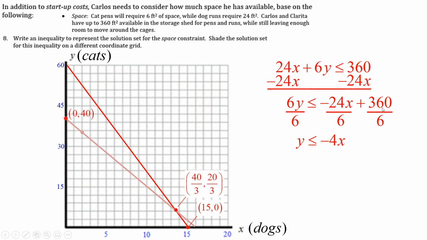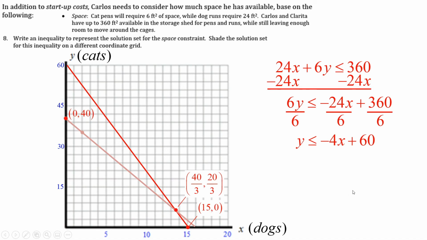And now, what is 360 divided by 6? Wouldn't that be 60? Plus 60. Either general form, 24x plus 6y is less than or equal to 360, or slope-intercept, y is less than or equal to negative 4x plus 60. Those are both appropriate, but we need to practice converting from one to the other.